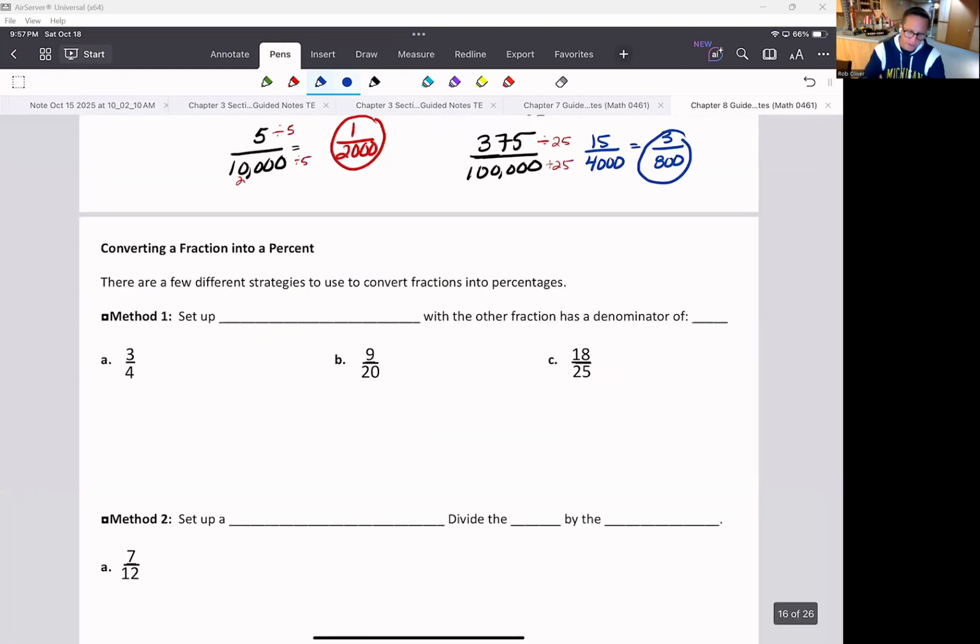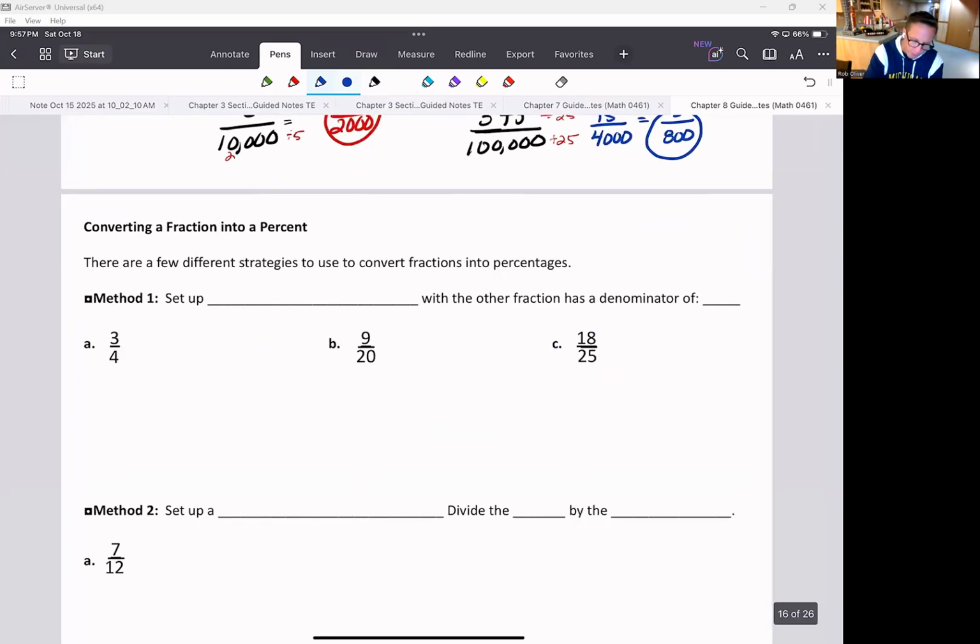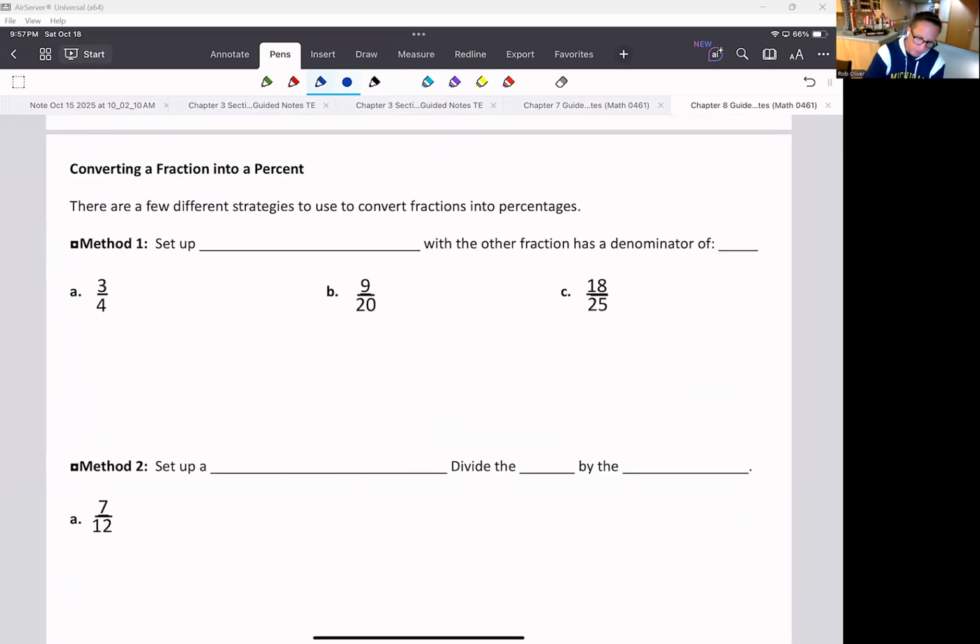All right, next part here, converting a fraction into a percent. There's a few different strategies you can use to convert fractions into percent. One method is to set up equivalent fractions with a denominator of 100.